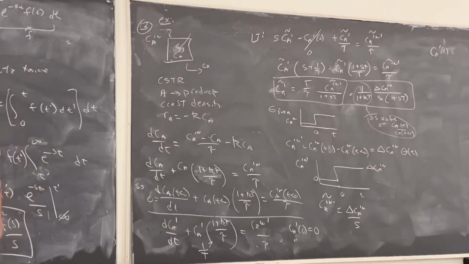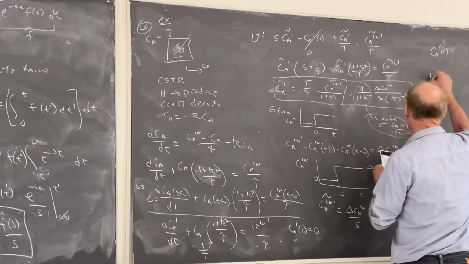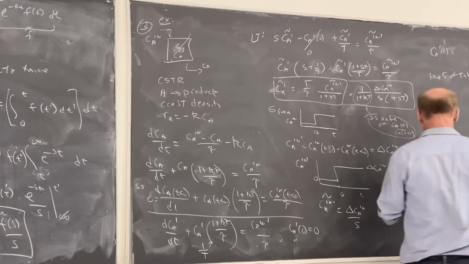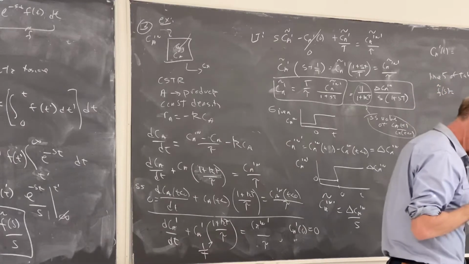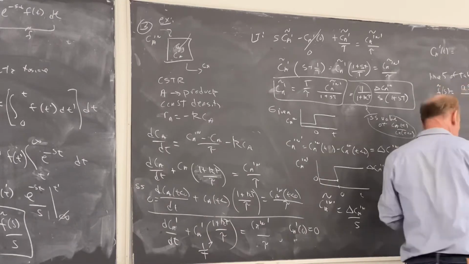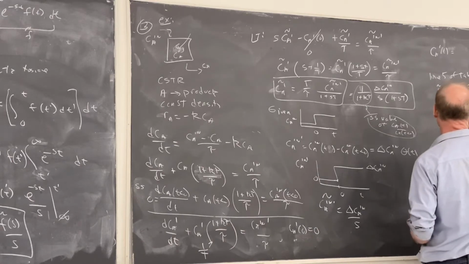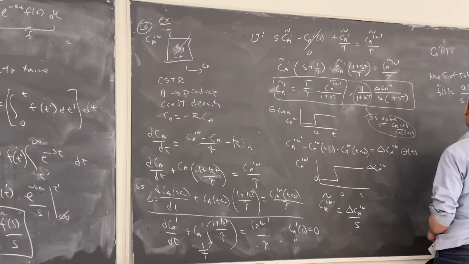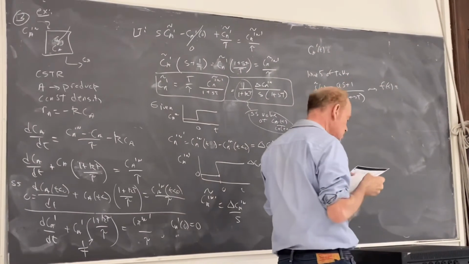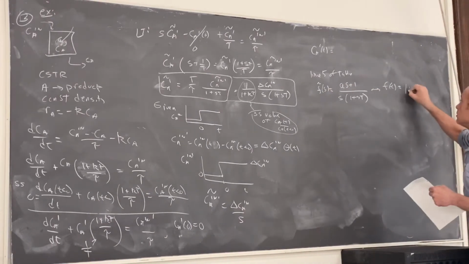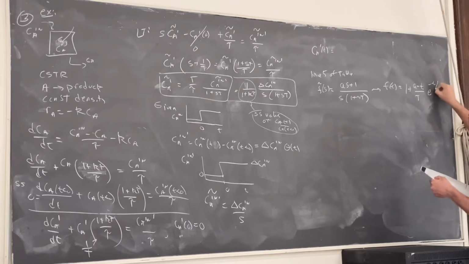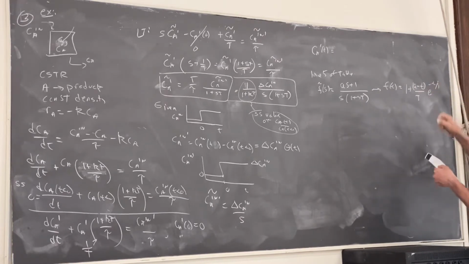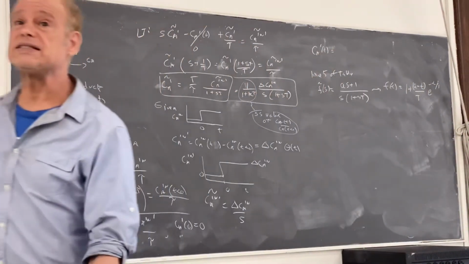If I look at my table, which you don't have in front of you, but I'll photocopy for you next time, we can notice that line 5 of the table says that if F tilde of S is equal to (aS plus 1) over S times (1 plus ST), then f of t is equal to 1 plus (a minus t over big T) times e to the minus t over big T. So that's line 5 of the table.